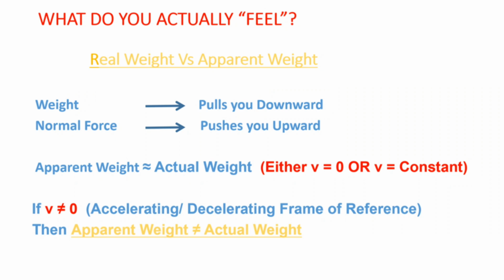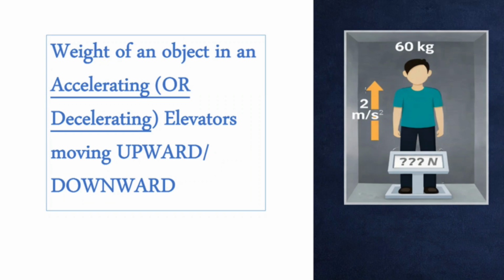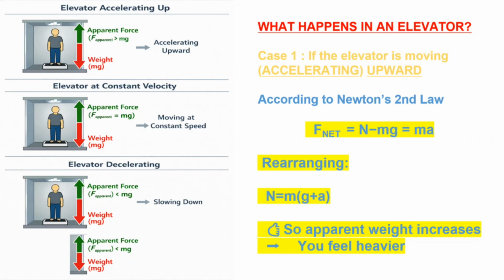But what happens when you are in an accelerated frame of reference? That is, your frame of reference is accelerating or decelerating in upward or downward direction. Let's step into an elevator. When the elevator accelerates upward, your body must accelerate upward too.